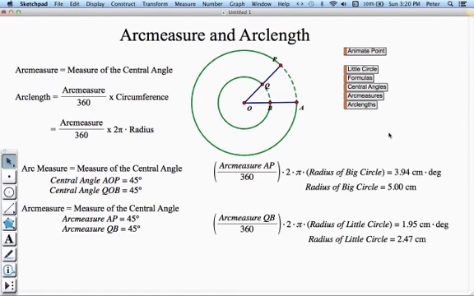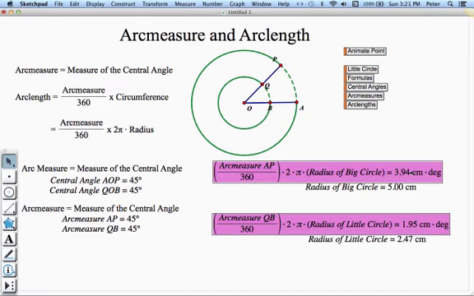If we look at the calculation for arc length, you'll see once again that it includes the arc measure, and we've said that the arc measure of AP and the arc measure of QB are the same. It is the second part of the calculation, because as we multiply the arc measure over 360 times the radius of a big circle versus the radius of the small circle, you see that we get two very different arc lengths because the radii are very different.